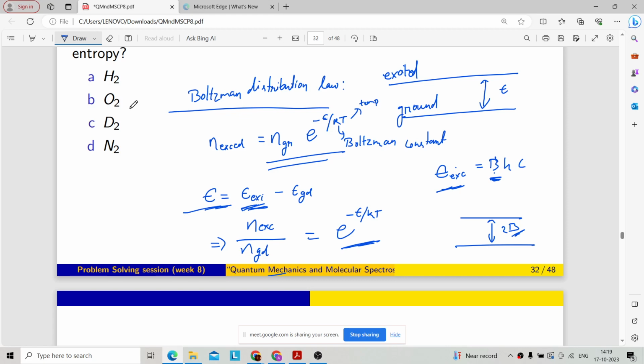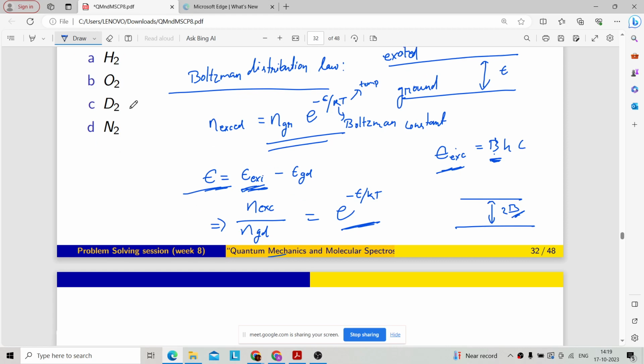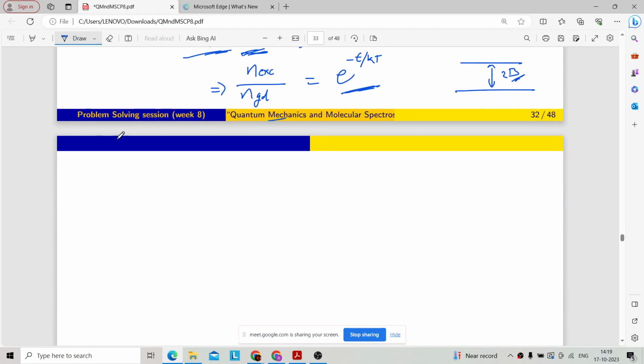So what information do we know about these molecules? We will know the moment of inertia, or we will know the reduced mass and the bond length. We will know these parameters.